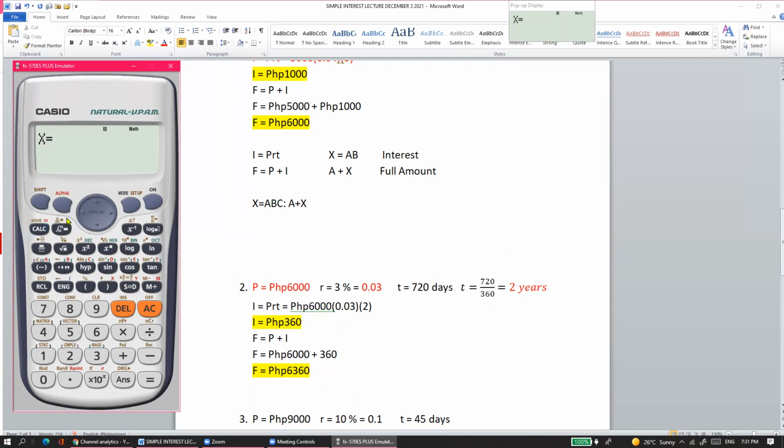So, after pressing alpha calc, I'll press alpha A. Yung A naman. So, alpha, asan ba yung A? Ito siya, yung may negative symbol. And then, I'll press again alpha B. Ito yung may degree, minutes, and seconds. And then also, I will press alpha and then C. Ito yung second function ng hypotenuse.